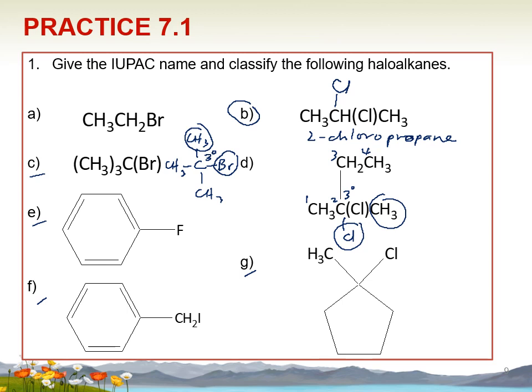But what is the type of haloalkane this is? This is a tertiary haloalkane. This one is primary, and this one is an aryl. Okay, I forgot to mention the classification because the naming is too easy.